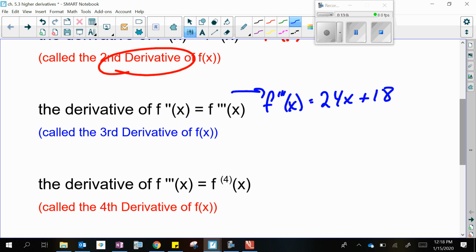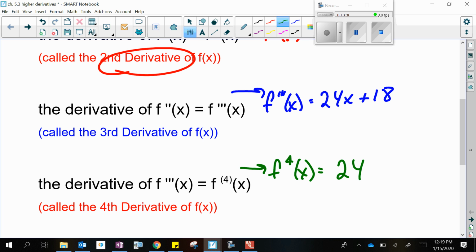You could go as far as until the equation runs out. We can even take the fourth derivative, but on the fourth derivative, they don't do the apostrophes anymore. You just note it with a little 4. So the derivative of the third derivative is the fourth derivative. I think it's 24.